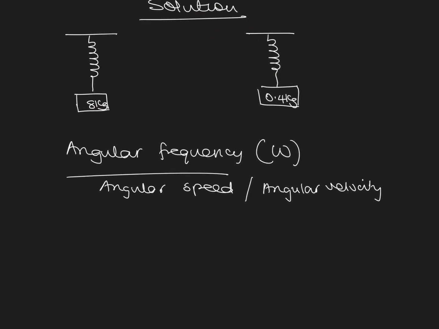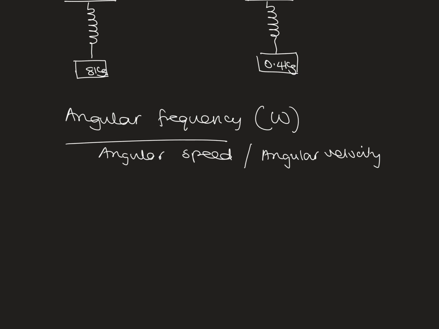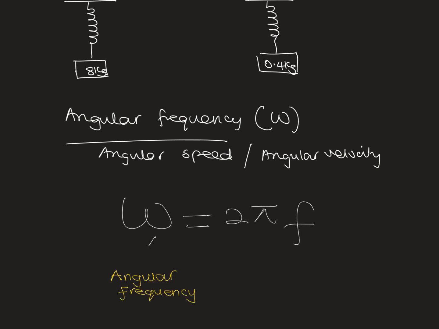You should never confuse angular frequency with the word frequency alone. In fact, they are related with the formula: the angular frequency is equal to 2 pi f. This is the angular frequency and this is the frequency. I hope that point is clear.